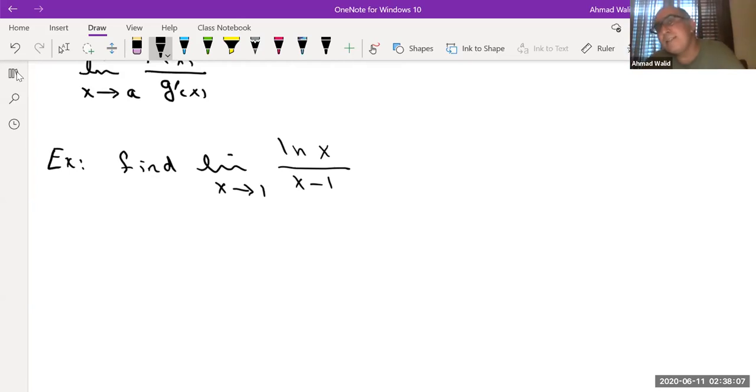If you end up with 0 over 0 or infinity over infinity, or later you will see 0 times infinity, or maybe infinity minus infinity, which I will cover today, then you need to apply the rule, correct? Let's plug in 1 here. It gives you ln 1 over 1 minus 1. ln 1 is 0, and 1 minus 1 gives you 0. Oh, you end up with 0 over 0, which is an indeterminate form of limit.